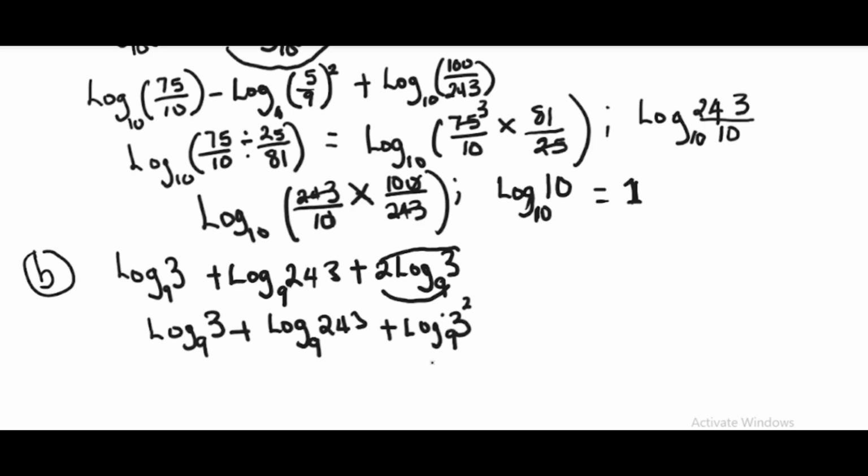So we are supposed to multiply everything out, but then we have log 3 in base 9, log 243 in base 9, and this is log 9 in base 9.